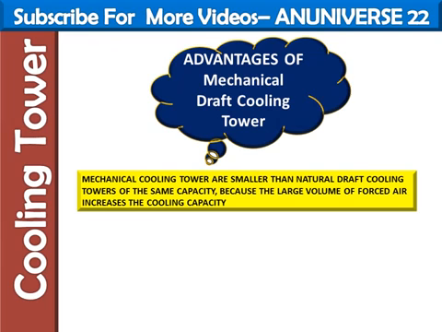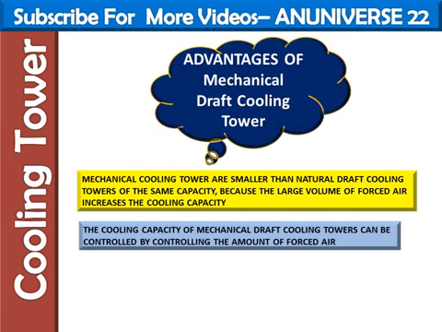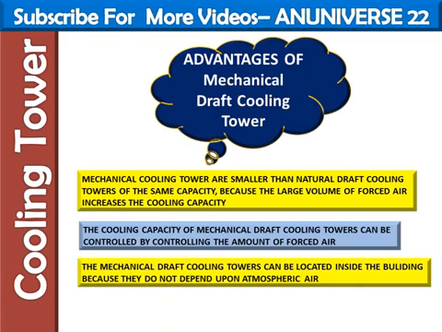The next advantage is that the cooling capacity of mechanical draft cooling towers can be controlled by controlling the amount of forced air. And the last one is that mechanical draft cooling towers can be located inside the building because they do not depend upon atmospheric air.